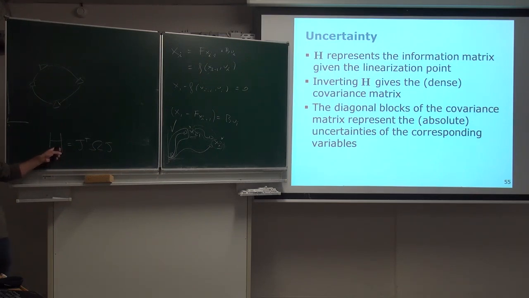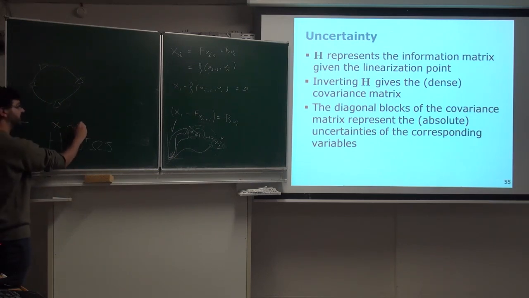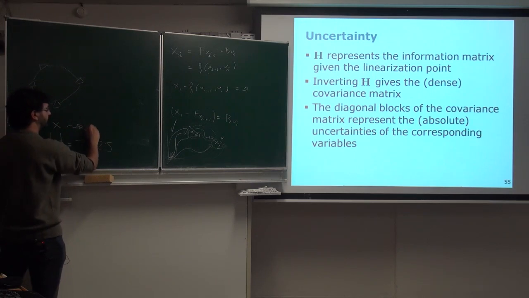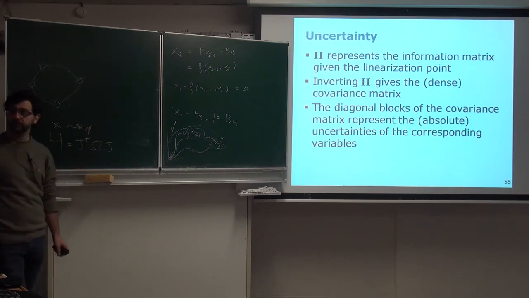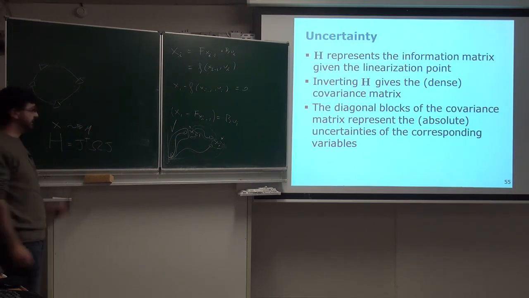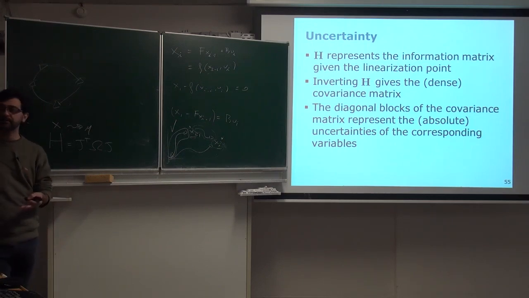So basically, we have a relation between the graph, the least squares, and a Gaussian multivariate random variable. The solution of this, our x, is equivalent to the mu, the mean, and our H is the information matrix of that.